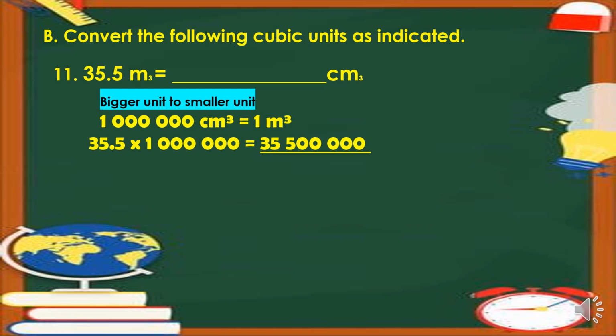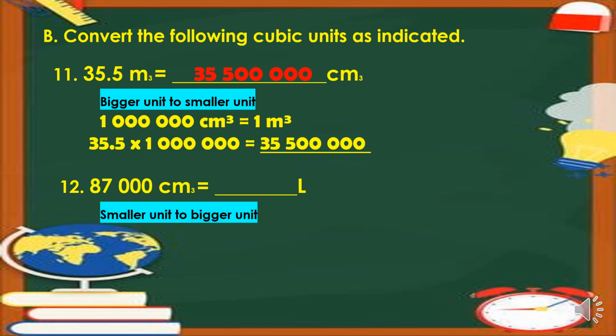So 35.5 times 1 million, that is equivalent to 35,500,000. So that means for 35.5 cubic meter, that is equivalent to 35,500,000 cubic centimeter.